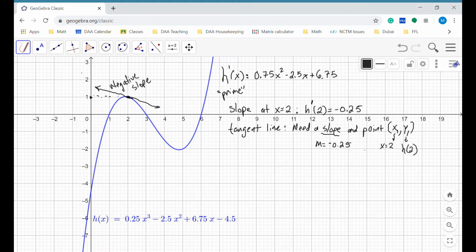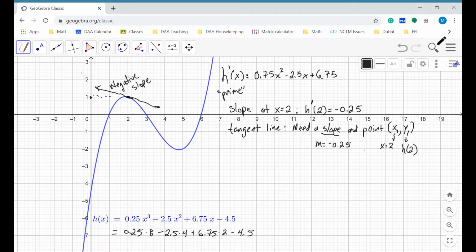So h of 2, I can put that in my calculator, or I could just do this real quickly. Let's see here, we got 0.25 times 8 minus 2.5 times 4 plus 6.75 times 2 minus 4.5.